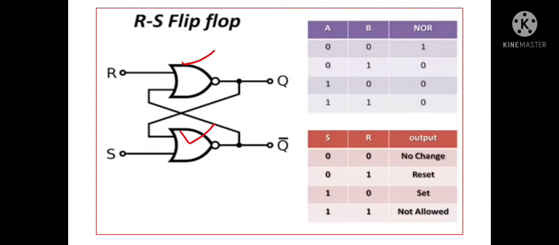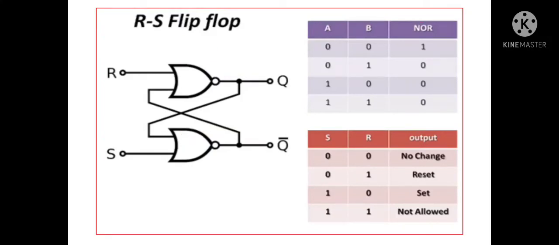Before going into detailed discussion about this RS flip-flop, you are supposed to know the basic function and truth table of these NOR gates. And here, for simplicity, I have shown the NOR gate. Here is the first input, here is the second input, and of course this is the output.